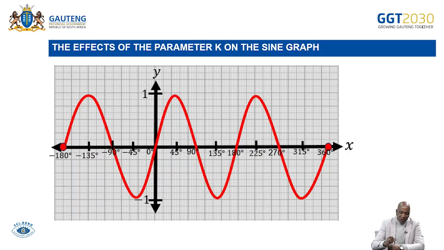Okay, then from there, we're going to plot all those points from -180 up to 360 degrees. I want you to study that graph and see what is happening there, particularly from 0 to 360.